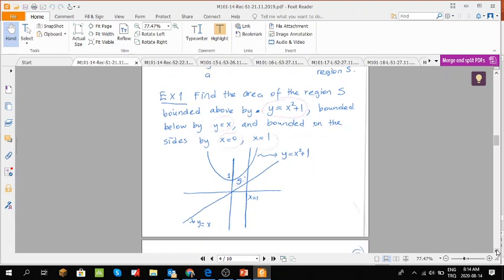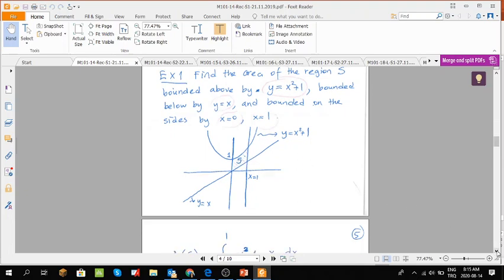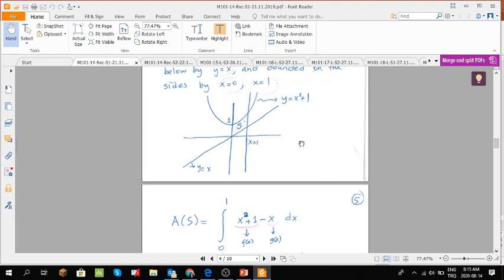Now here are some examples for you. Example 1: find the area of the region S bounded above by y equals x squared plus 1, bounded below by y equals x, and bounded on the sides by x equals 0 and x equals 1. You would see this region S is squeezed between these curves, and what's the top curve and what's the bottom curve and what's the interval?